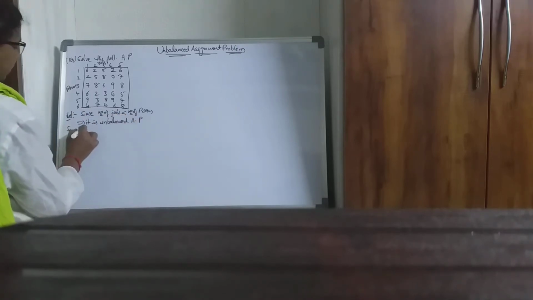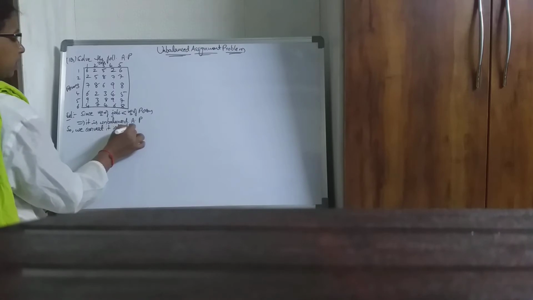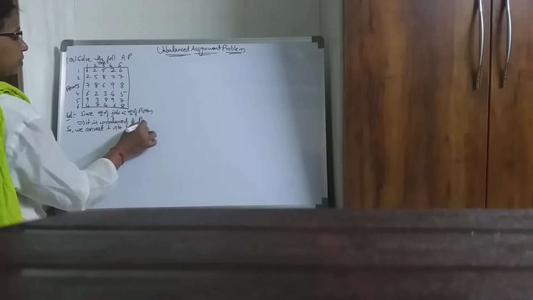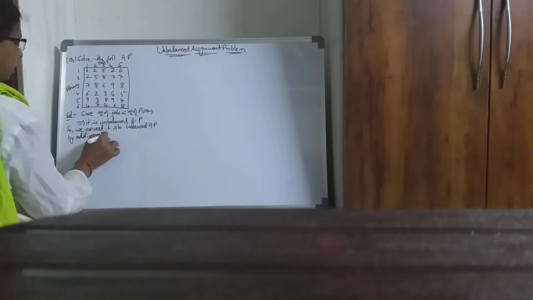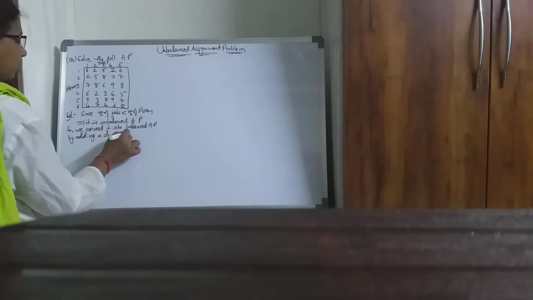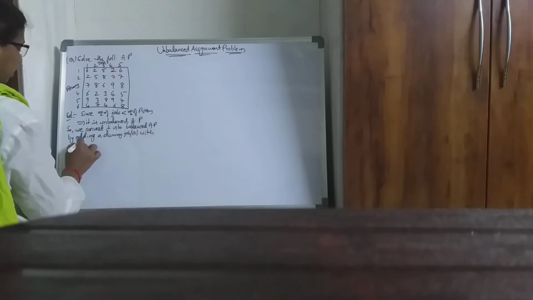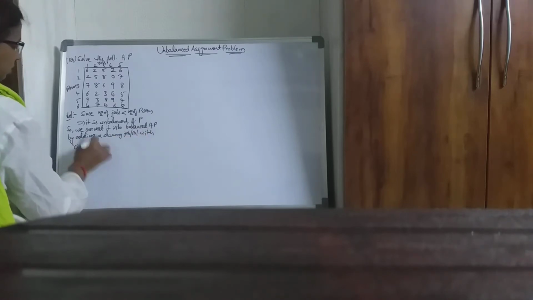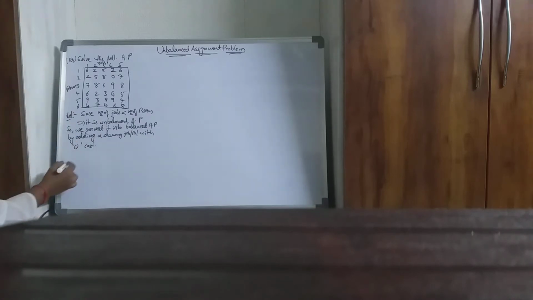So we convert it into a balanced assignment problem by adding a dummy job or column with zero cost. Now it will be a balanced assignment problem.